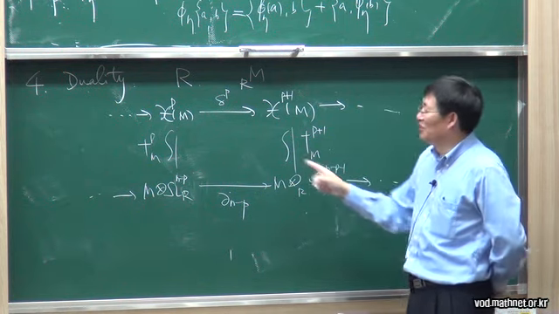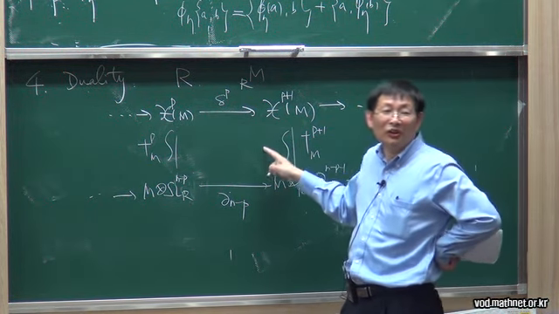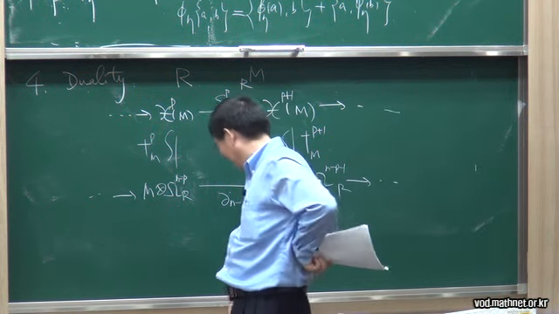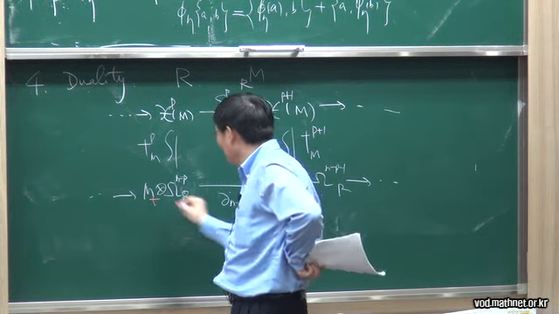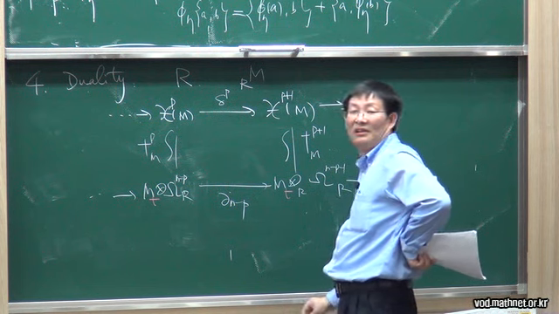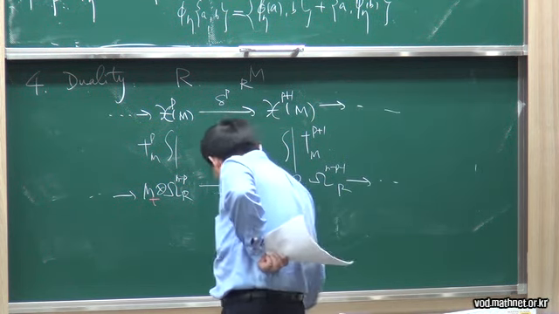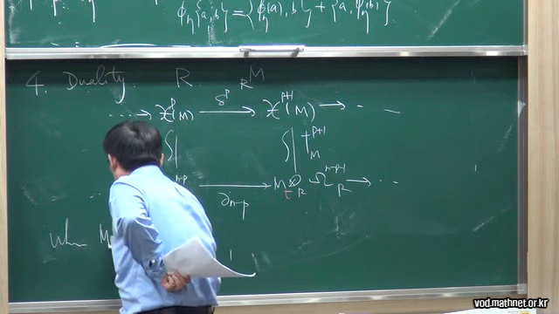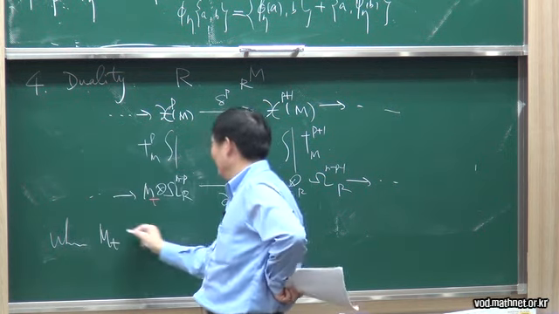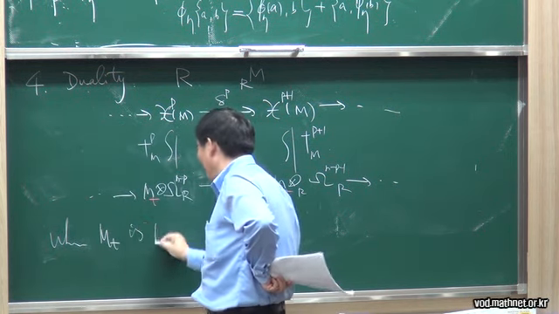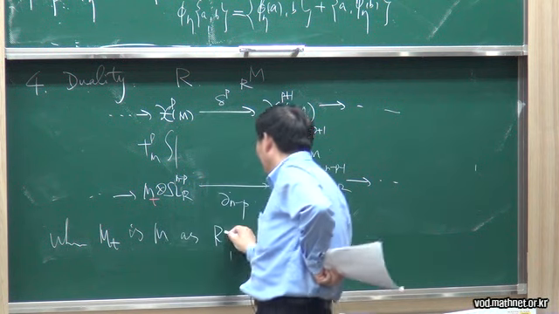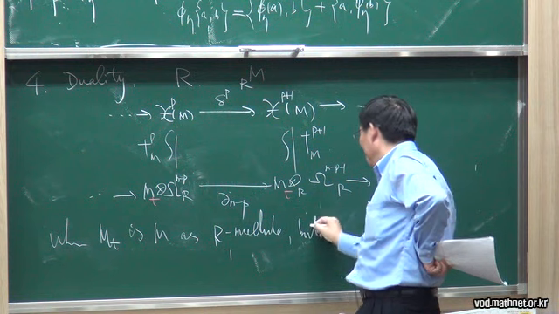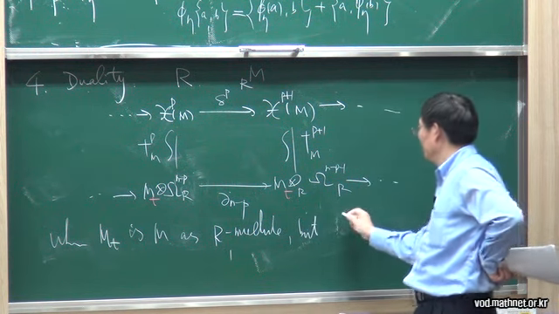As I said, usually this is not commutative, but I change the Poisson module here, where M_t is M as an R module but with a new Poisson structure.